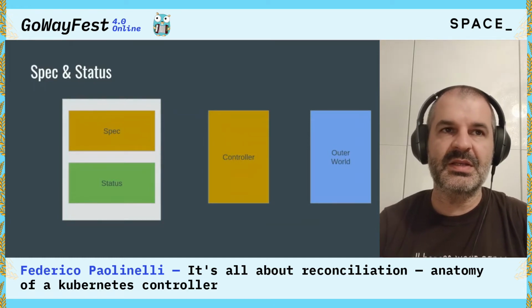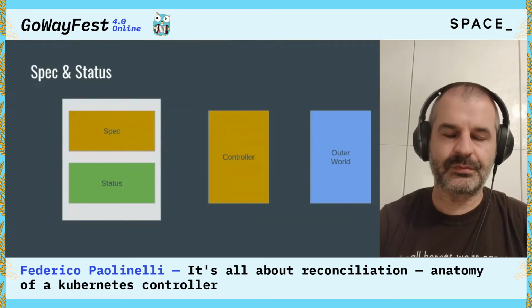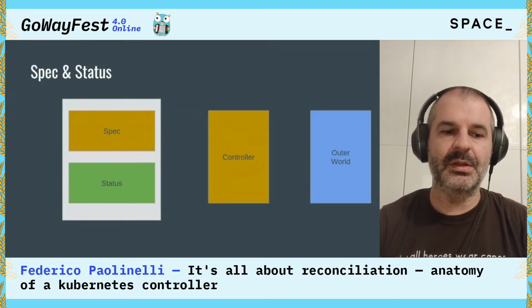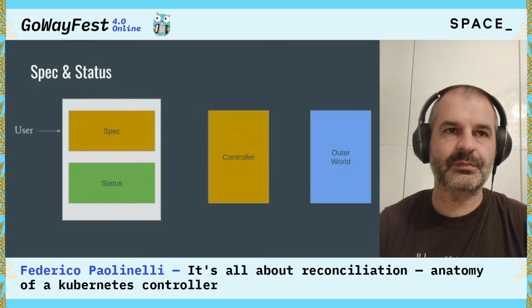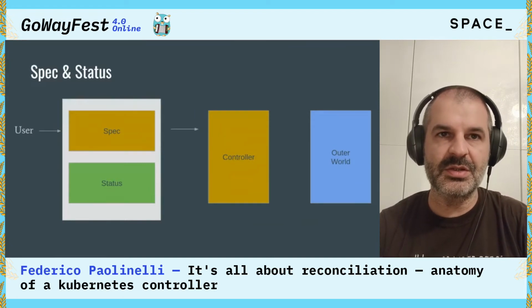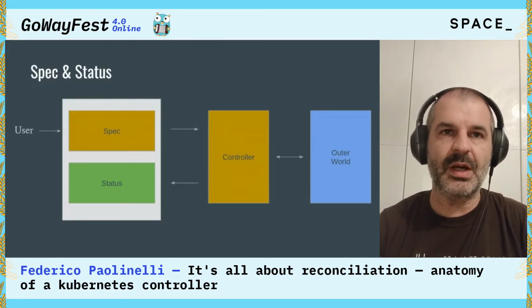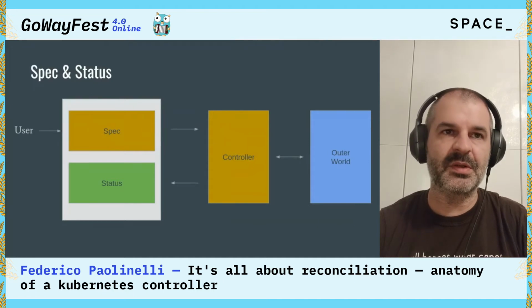And the idea is that spec is the part where the user asks for the desired state. When this happens, the controller receives the change, then interacts with the outer world in some way, and then it reports back the status.